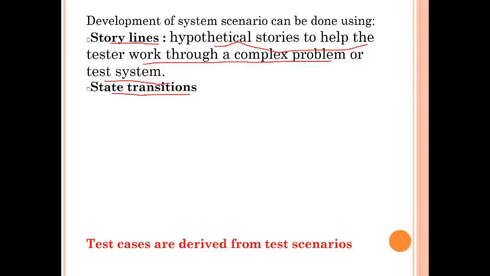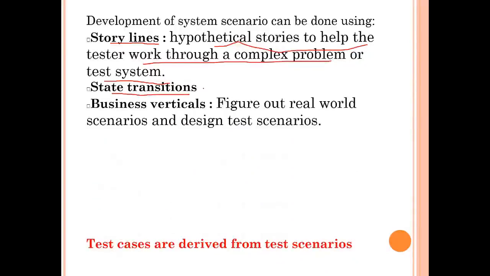State transitions. State transitions are nothing but how the system changes from one state to another, and that will be understood. Business vertical: you want to figure out real world scenarios and design test scenarios. To find test scenarios, you understand how that system is really going to work in the real environment.